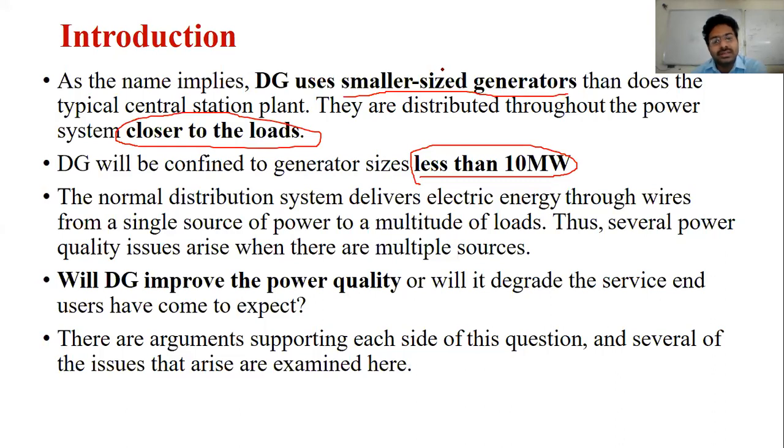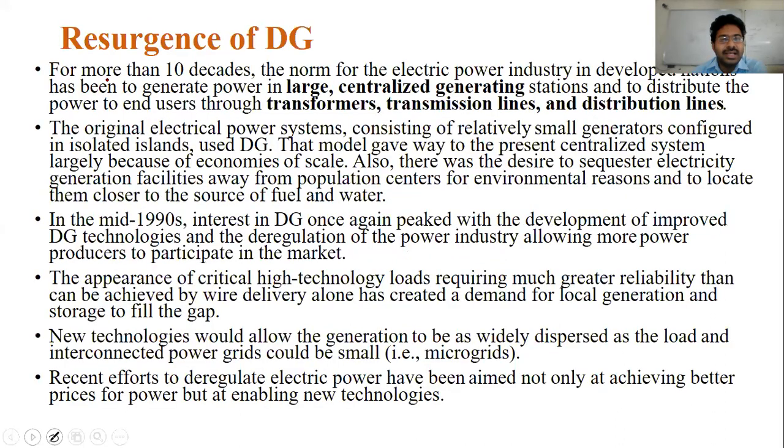Before that, why are we using DGs particularly? In earlier days, up to the year 2000, this DG technology was very rarely used. The fundamental reason for using DG is to improve the power quality: to regulate the voltages and maintain uninterrupted power supply.